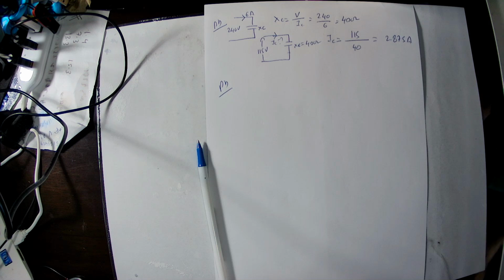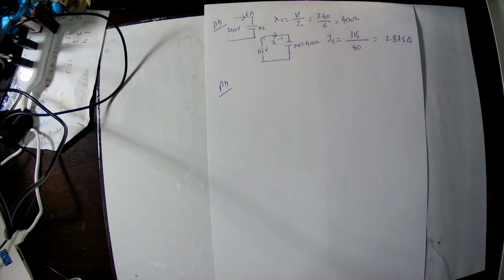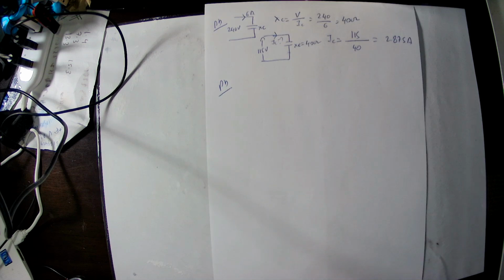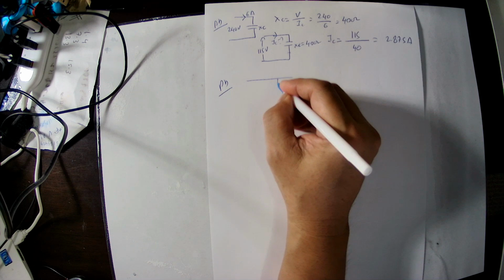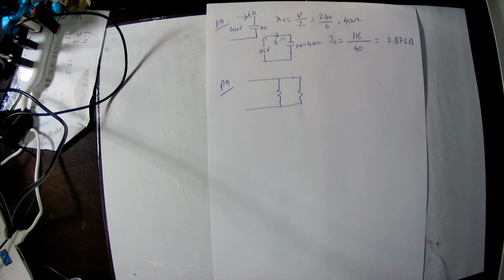Okay, the next problem. This shows that if you connect a resistor to the AC supply, the resistor behaves similar to DC. So there are two resistors connected here, resistor R1 and R2.